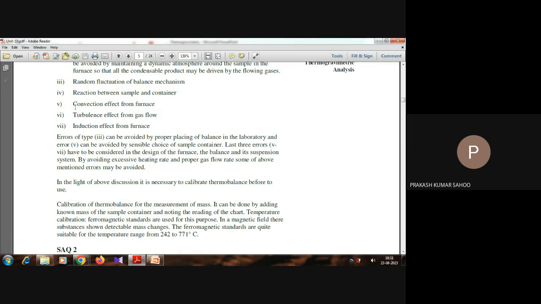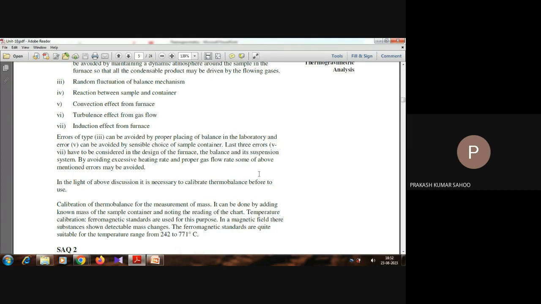Then the fifth, convection effect from the furnace, can be avoided by sensible choice of sample container. The last two errors have to be considered in the design of the furnace, that is turbulence effect of the gas flow and induction effect from the furnace. This is the manufacture error which can be sorted out at the manufacture level.